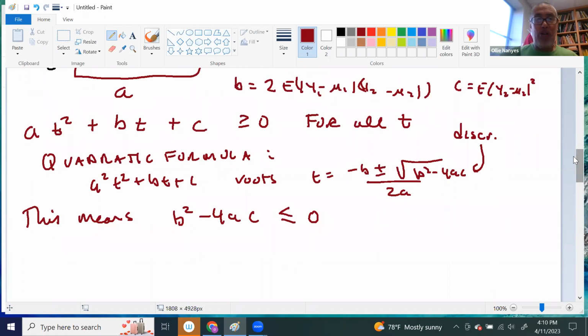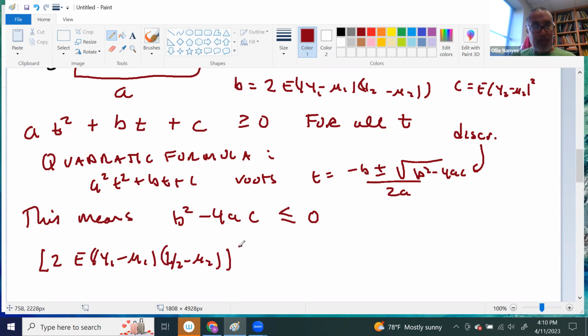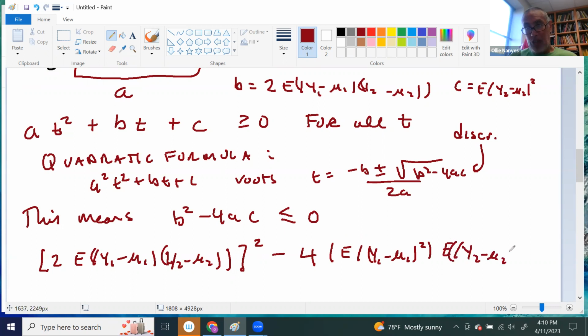Now let's take a look at what we have here. Substituting back for b squared, we have 2 times the expectation of (y1 minus mu1)(y2 minus mu2), squared, minus 4 times the expectation of (y1 minus mu1) squared times the expectation of (y2 minus mu2) squared, is less than or equal to 0.